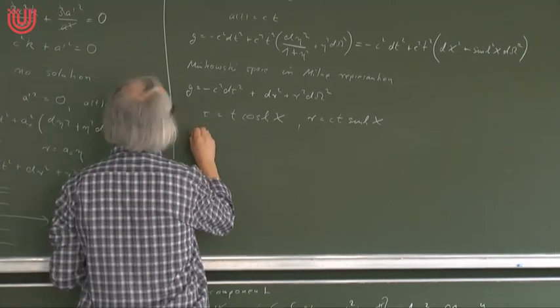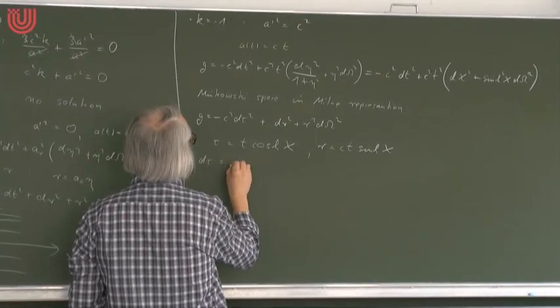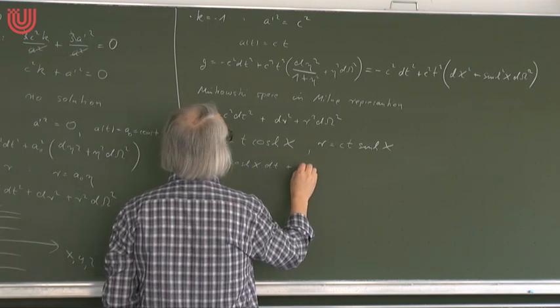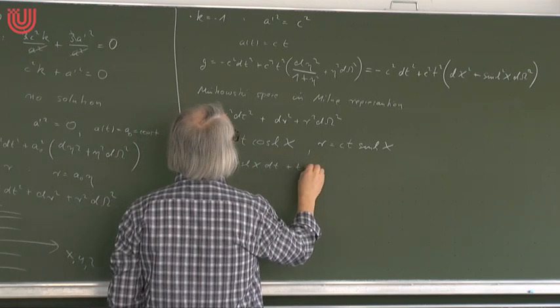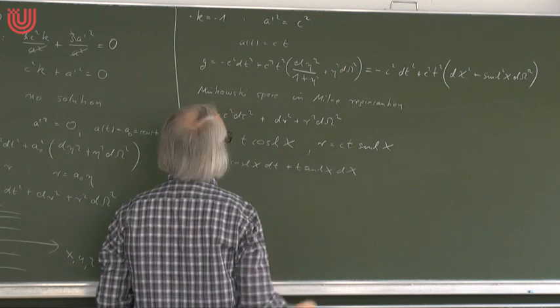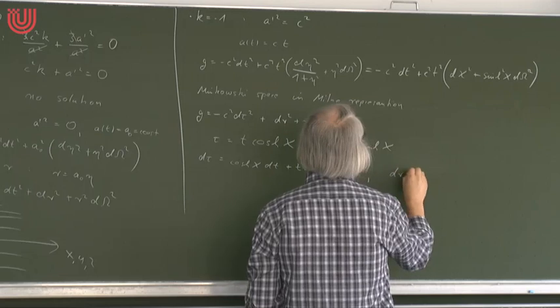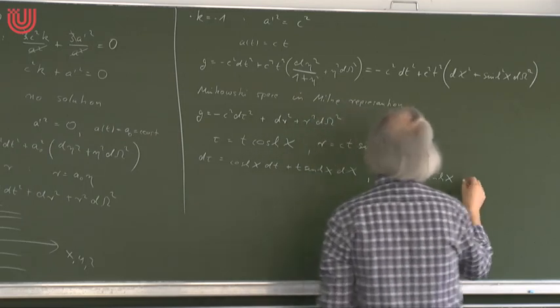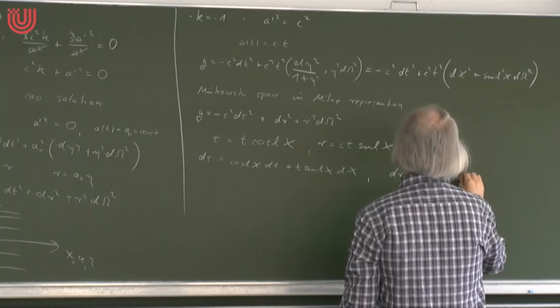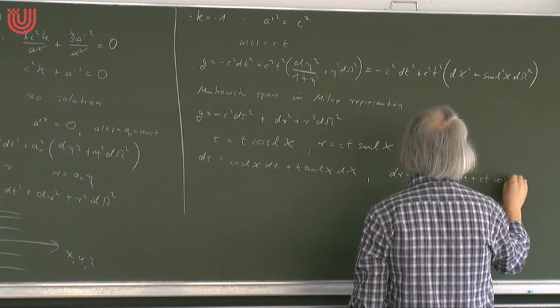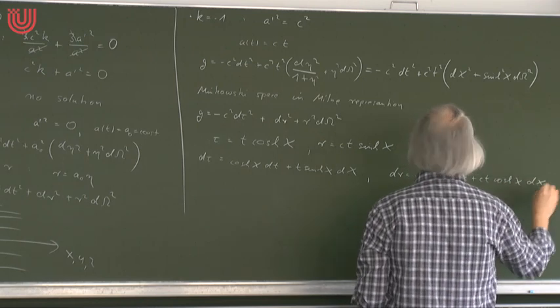So we get d tau is cosh chi dt plus t sinh chi d chi. And the dr is sinh chi dt plus ct cosh chi d chi.